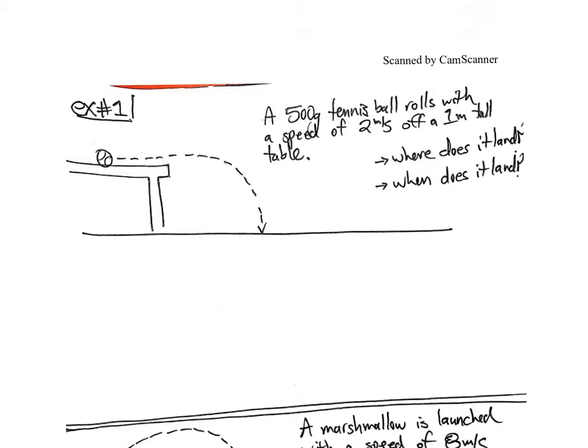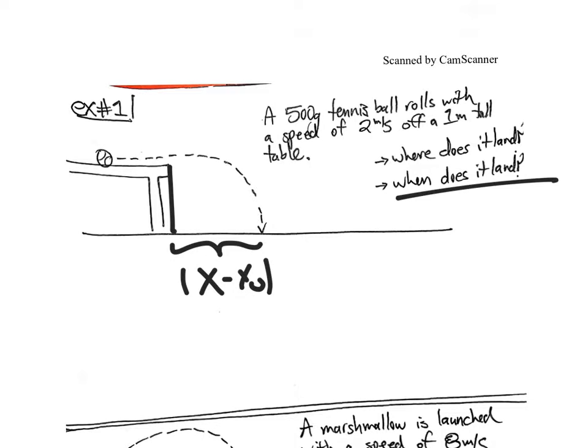So by where does it land, we're talking about that distance, or I'll write it as displacement. And when does it land, we're talking about t. So t equals what if, right here, the instant the ball leaves the table, we're calling that t equals 0 seconds. Okay, we can solve that.